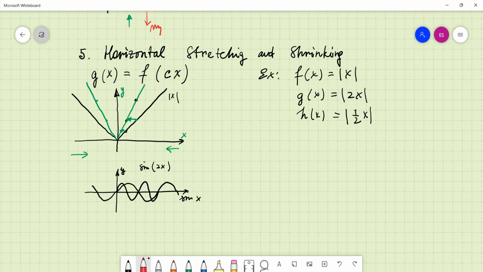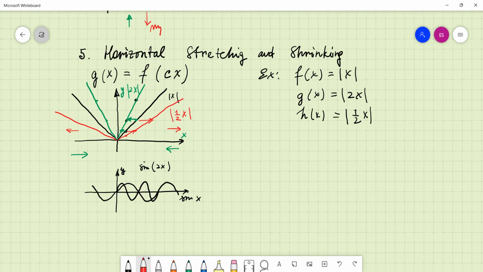So this is the absolute value of 1 over 2 x, and the green one was the absolute value of 2x. For us, it's going to look like we took the curve and stretched it in this direction. So the red one is a stretching in the direction away from the y-axis, along the x-axis.